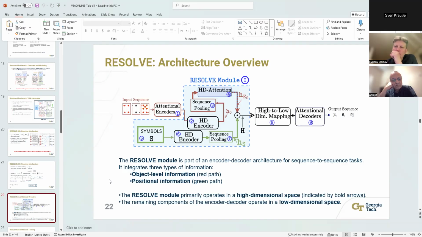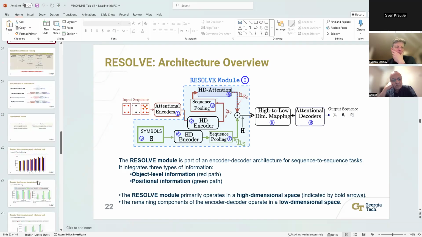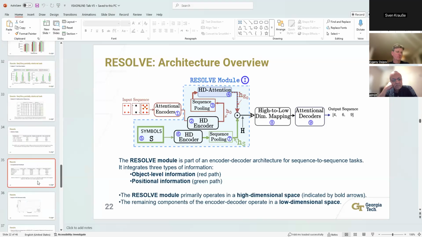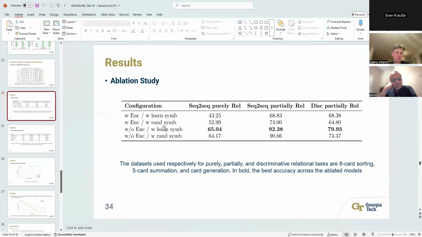So if you would just apply a cosine version of this RoPE, for example, as your symbol encoding and apply that at a later point. Here in the ablation study, I put the fact that the symbols are learnable, trainable, or just randomly generated.